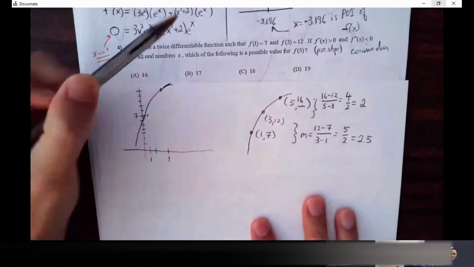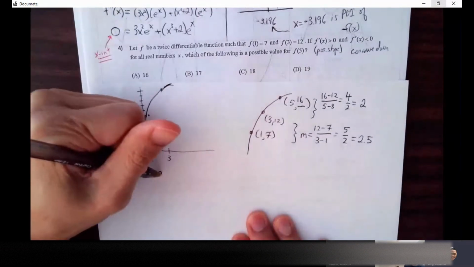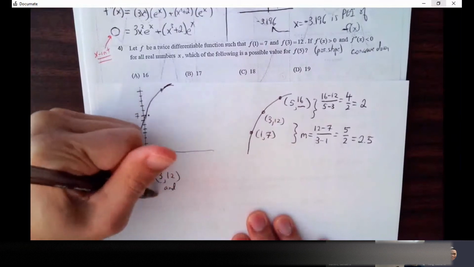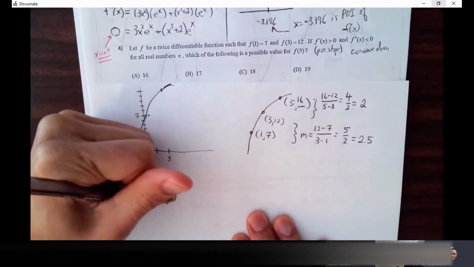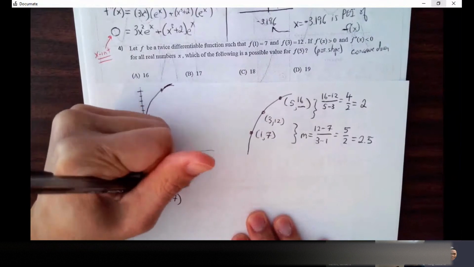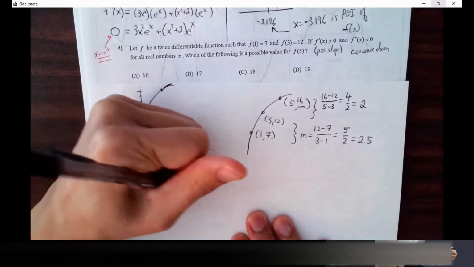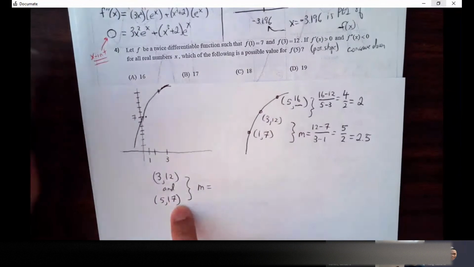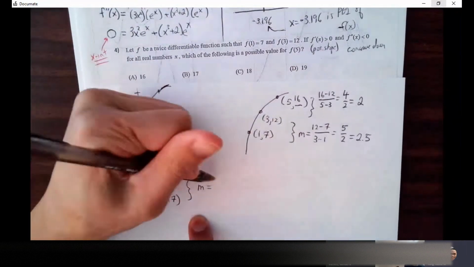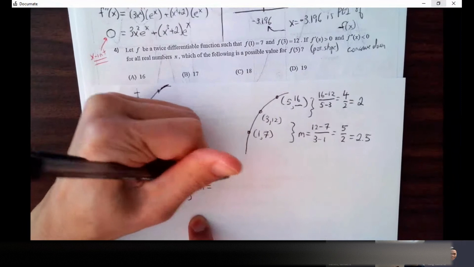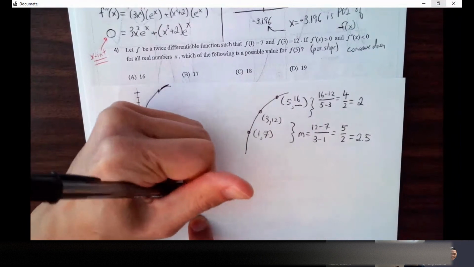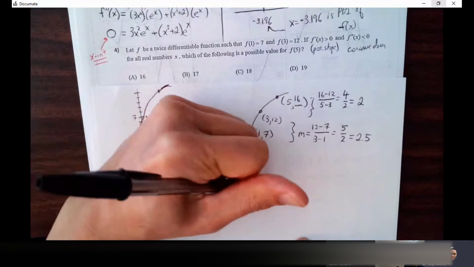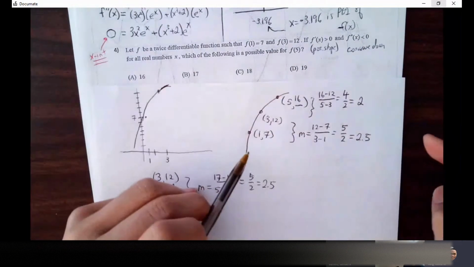And I want to show you that if I try other order pairs here, we're not going to get something that's less than 2.5 anymore. If I do change in y over change in x, this is equal to 5 over 2, which is 2.5. So it's not decreasing.